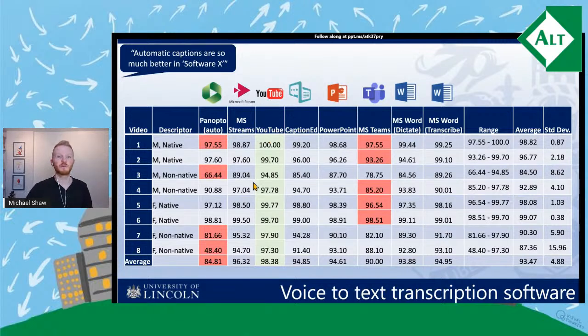Now, YouTube is still consistently showing the highest level of accuracy across all the tools. But we can see that the averages actually show generally a small variation across the tools.